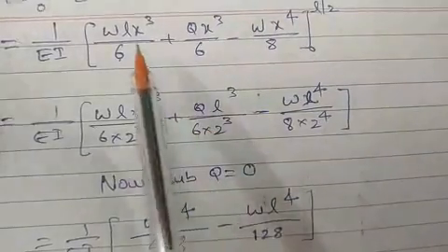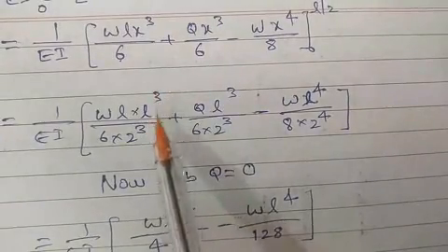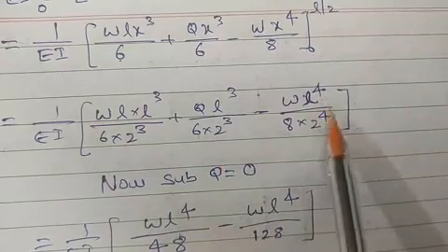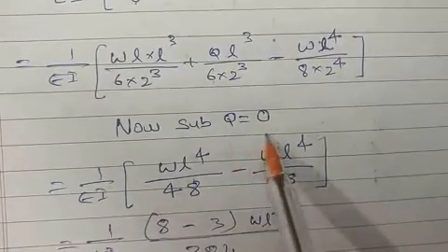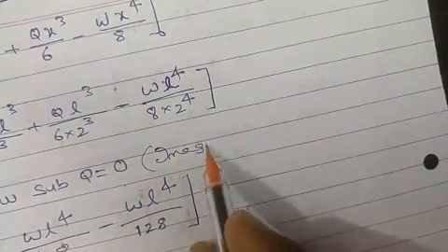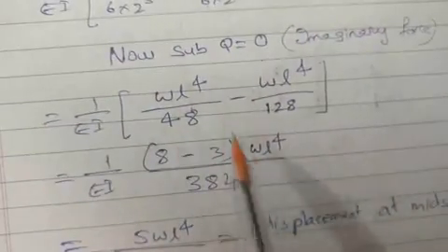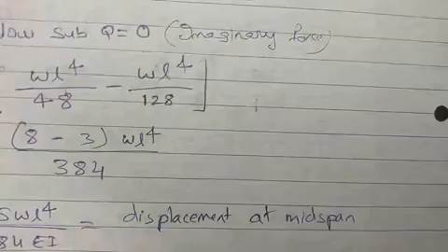So L remains the same, L cube by 2 cube, again L cube by 2 cube, and L to the power of 4 by 2 to the power of 4. Now we know Q is equal to 0 because it is an imaginary force. So after simplification, we will be left with 5 WL to the power of 4 by 384 EI displacement at midspan.